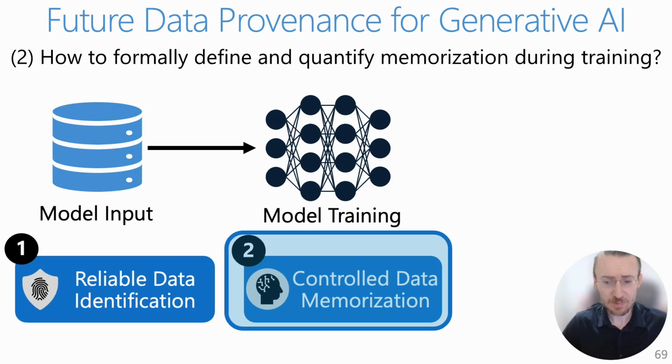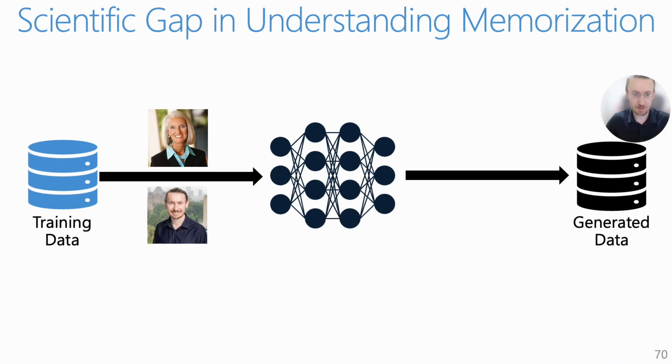So now the question is, how can we identify and extract the strongest provenance signals that are memorized by the models? Currently there is still a scientific gap in fully understanding memorization in generative models. Prior work only considers two categories of memorization.